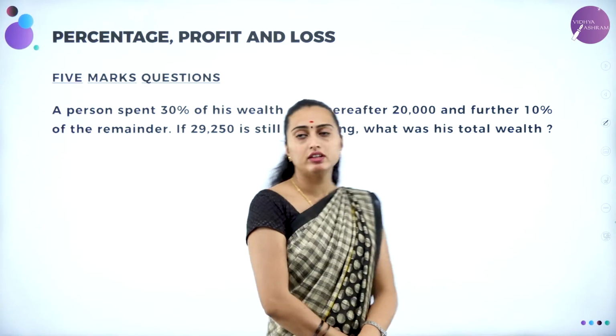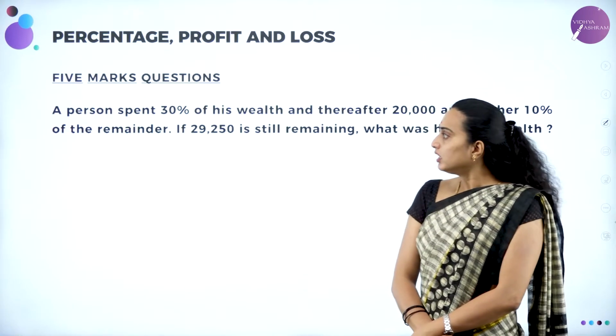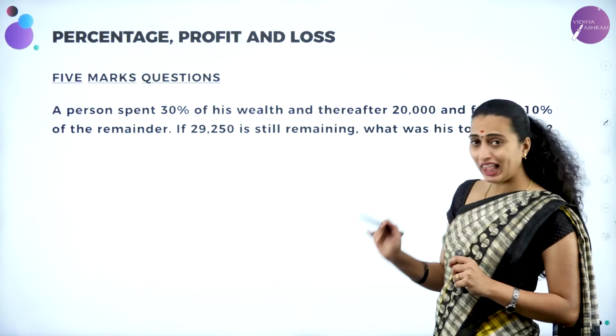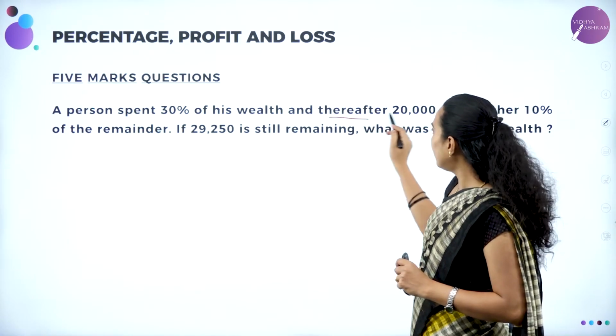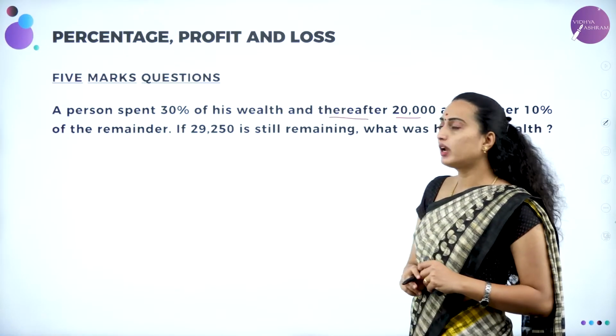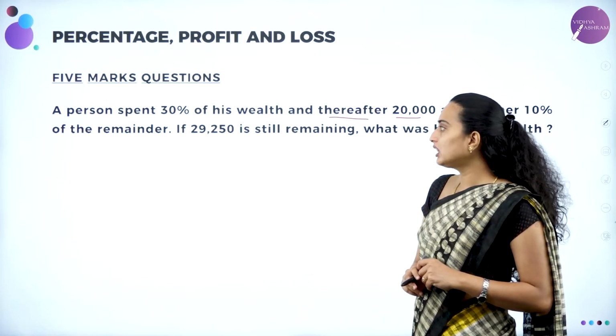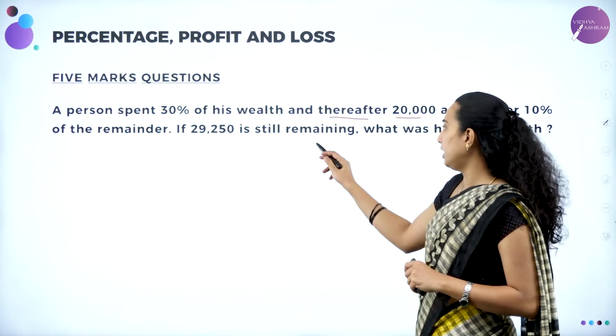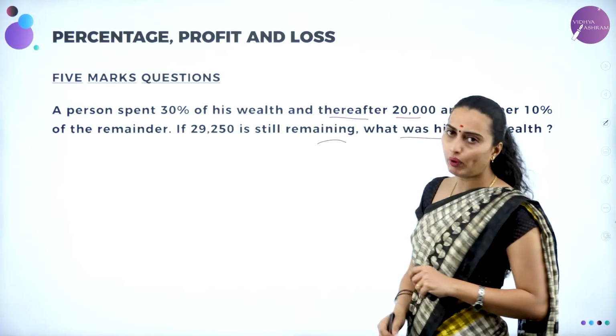They have given: a person spent 30% of his wealth, and thereafter 20,000, and further 10,000 of the remainder. If 29,250 is still remaining, what was his total wealth?